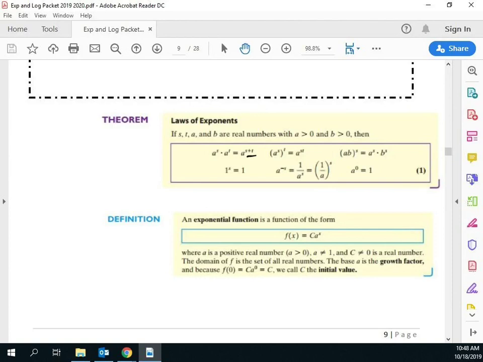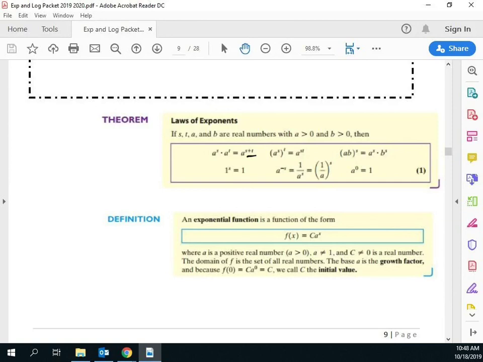Add them. That's exactly what's stated here. A to the s power times a to the t power is the same thing as a to the s plus t power. Because we're multiplying, you add the exponents.